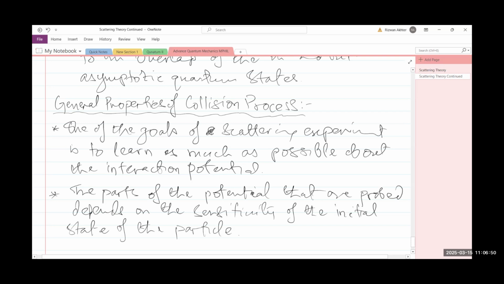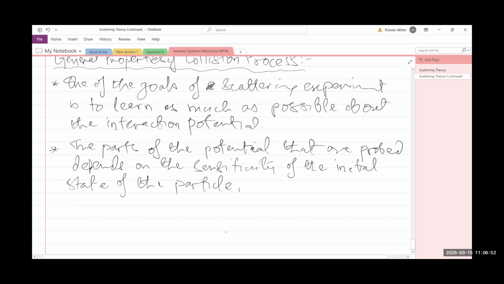So, what do you mean by the parts of the potential? This can be seen as some effective potential for the collision, and this effective potential will be the sum of two potentials: the central potential V of R, plus the potential which is due to this interacting particle expressed in terms of angular momentum.